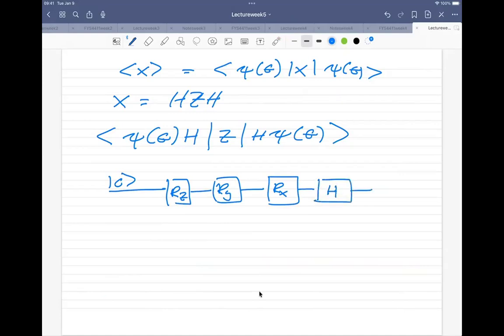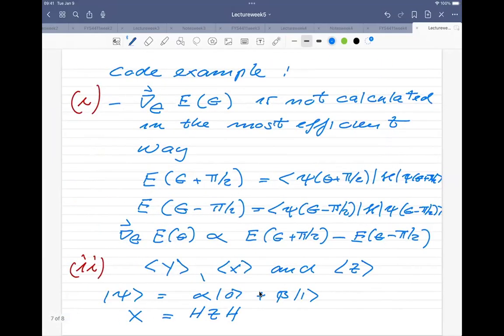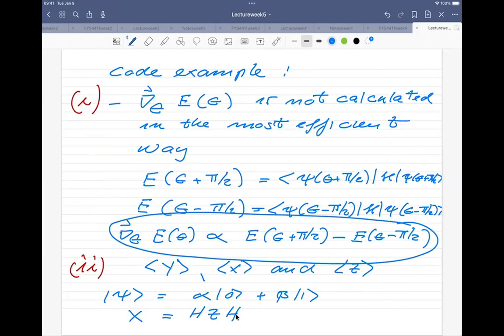And then we would have the final Pauli Z here, which we are then going to act on with this state here. So I'm just going to go into more details next week, but now I wanted to give you the final expression, the derivation of this specific term which you see here. So let's go back to the slides for this week and take a closer look at that one.